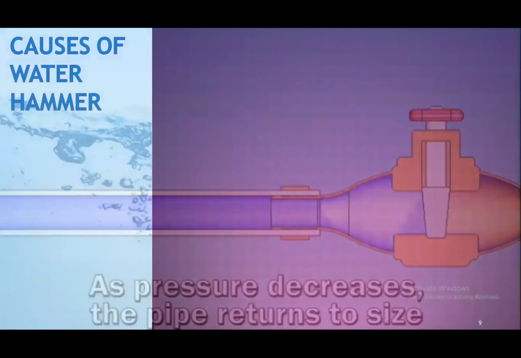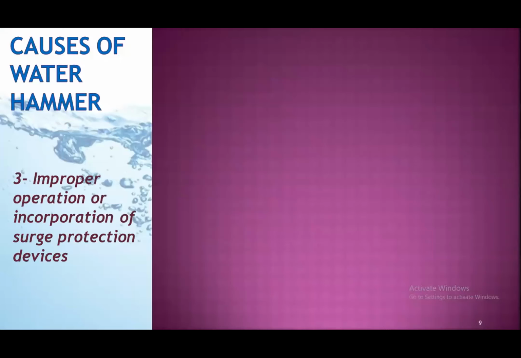The third cause is improper operation or improper sizing of surge protection devices. Say we have an air valve as a protection device. We talked before that due to pump power failure or due to any other cause that might cause water hammer, there will be a negative pressure, and that negative pressure will turn the flow or the water into vapor.